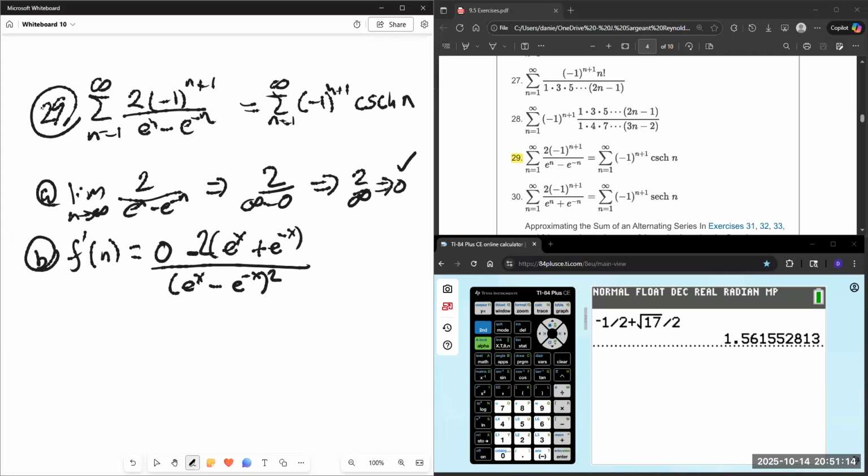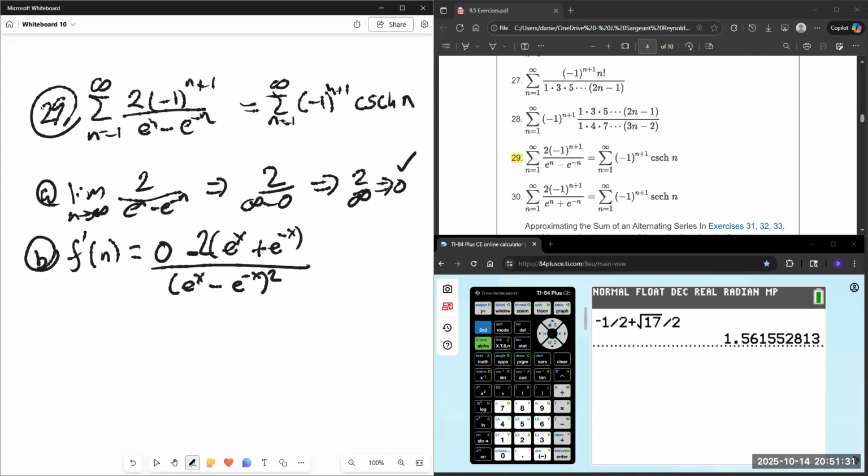This piece down here could be 0, where e to the x is equal to e to the negative x. So that's going to happen when x is equal to 0, which is not within my range.